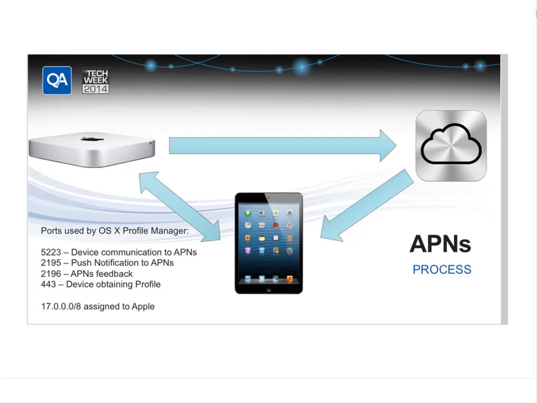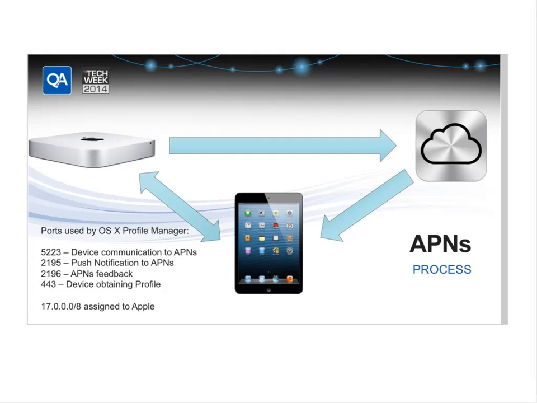Once your client has actually got the update, it will just send an HTTPS request, an SSL request, to your Profile Manager server, and then it will start the process of downloading and installing the individual profiles or even applications on there. So we're sending no information to Apple. Apple don't send us information other than we've got an update. It is all done internally over an SSL connection with the certificate you've configured for the client to go and actually download their profile.